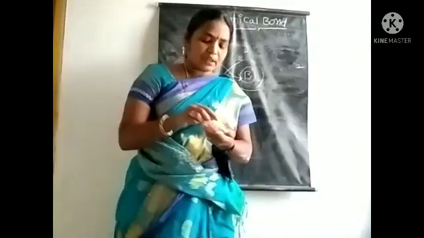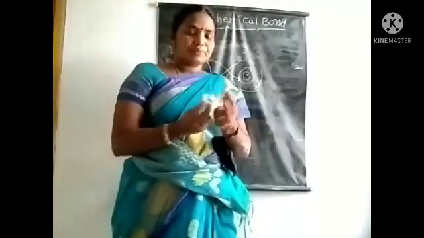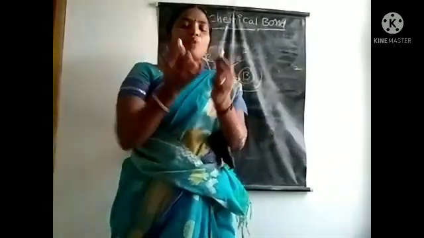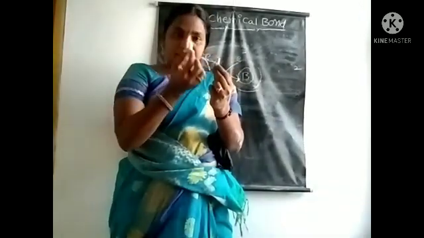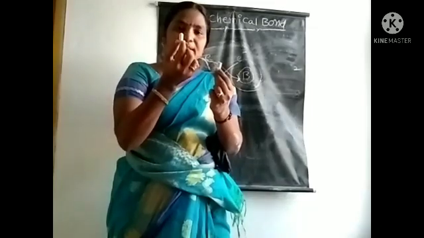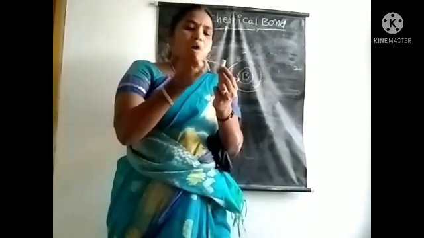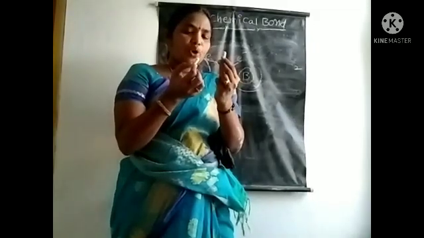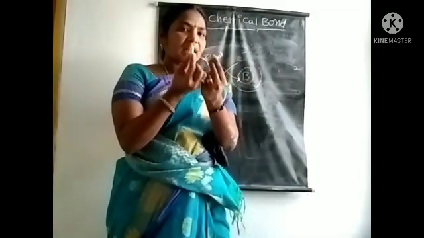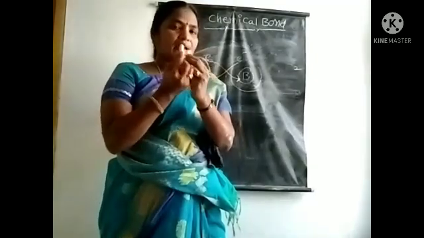To understand, children, assume this is A atom and this is B atom, at a certain distance. Here there is attraction between A atom electrons and B nucleus, and B electrons and A nucleus.